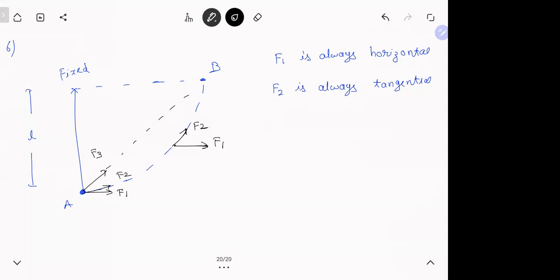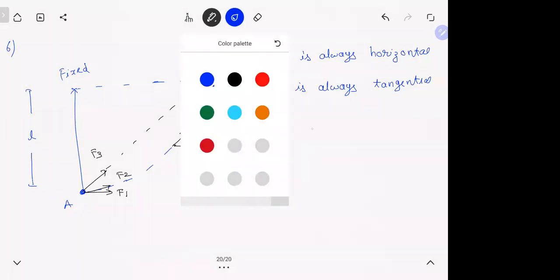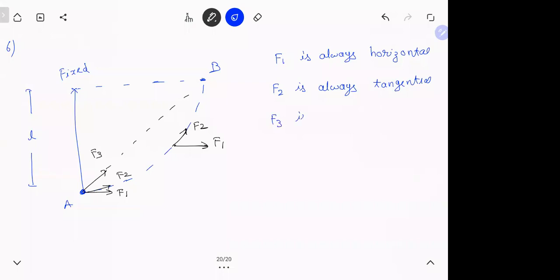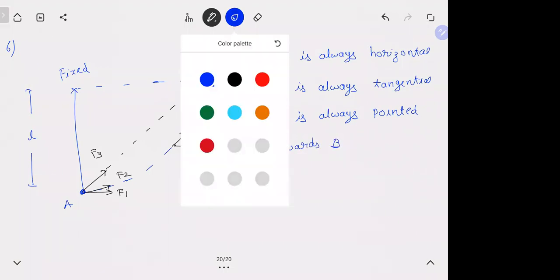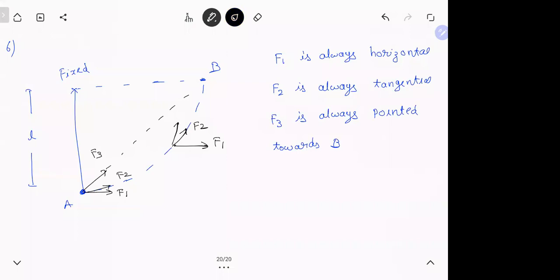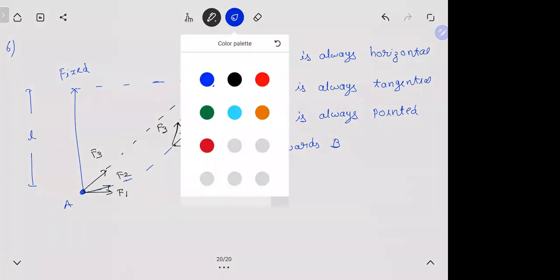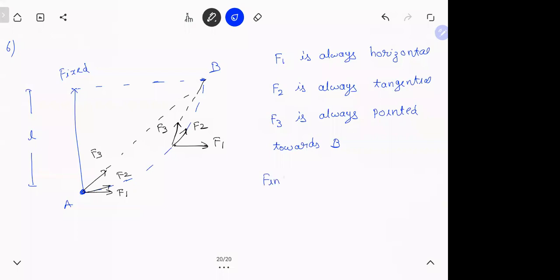F2 is always along the curve. F3 is always pointed towards B. Meaning F3 is always looking at B and applying. Hope you got how the forces are. Find the work done by the forces as it goes from A to B.